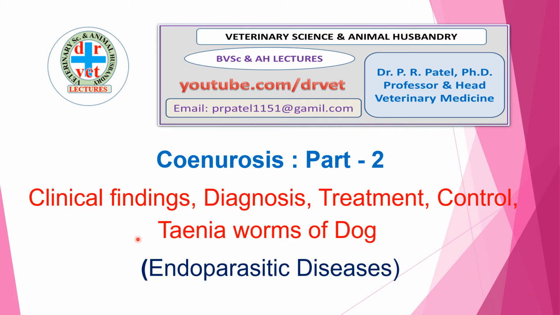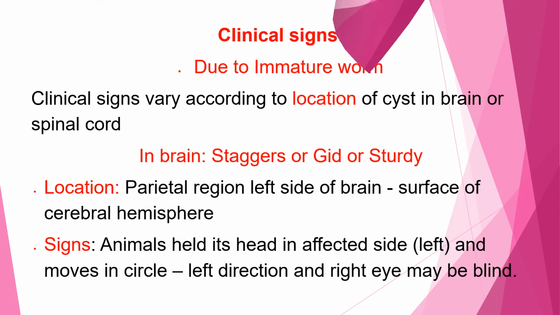This is an endoparasitic infection and a cestode infection. We see here the clinical signs of the coenurosis. First, the signs we'll see are due to immature worms.